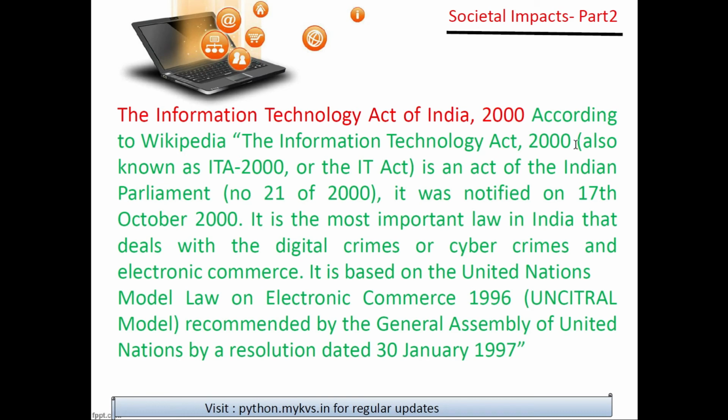Nowadays, a few days back, there was an issue that Flipkart, a very important e-commerce company, denied delivering goods to a Union territory. The reason has been given by them.